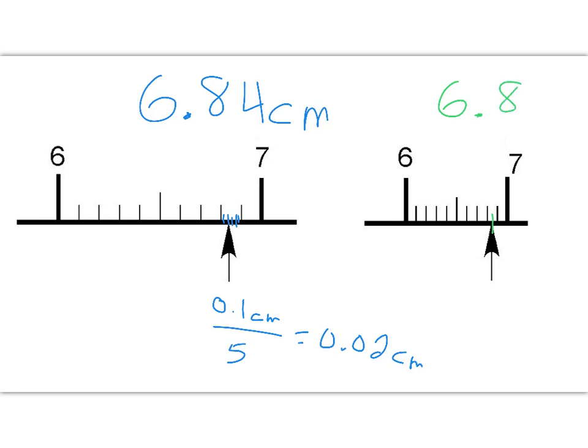And that arrow looks like it's right on the midpoint, so we're just going to round to the nearest half. So those are ways that you can measure using smaller scales.